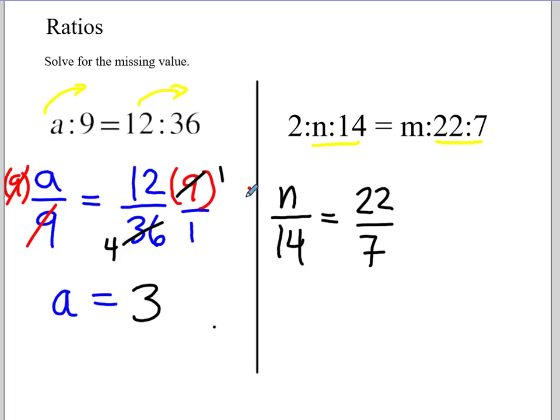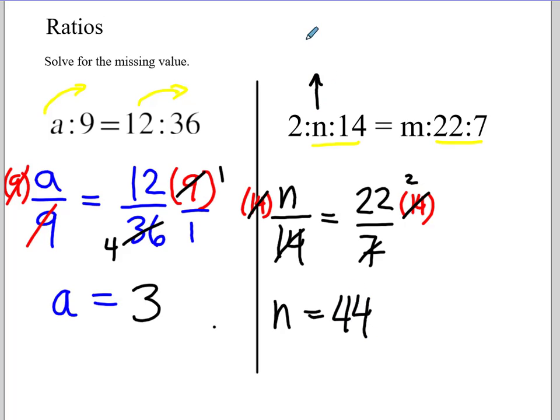Okay, and then I would multiply both sides by 14, and these would cancel, and I would get n equals, now 14 divided by 7 is 2, 22 times 2 is 44. So the n value here would be 44.